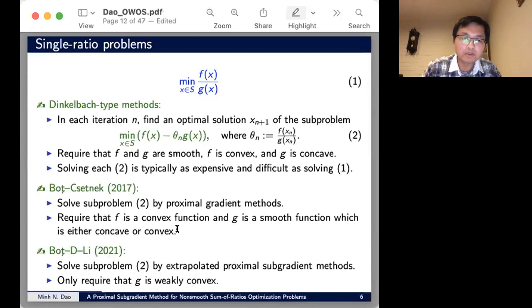Recently, together with Radu and Guin, we solved subproblem 2 by some extrapolated proximal subgradient methods, because here we don't require smoothness of f or g. We only require that g is weakly concave. F can be non-convex.